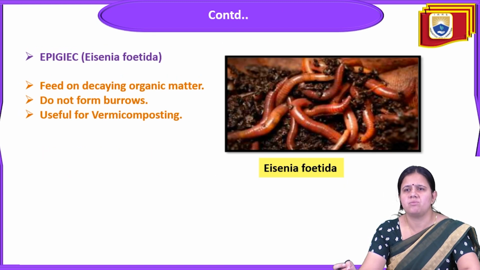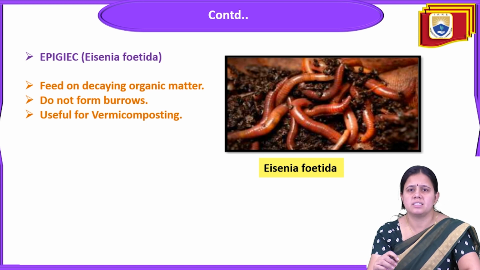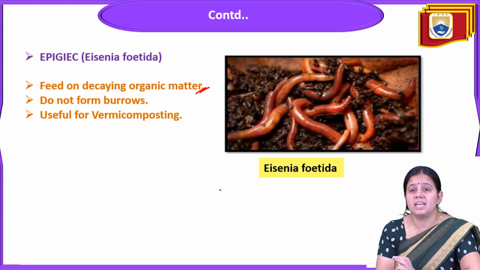Next is the Eisenia foetida. Its characteristic is that it feeds on decaying organic matter.